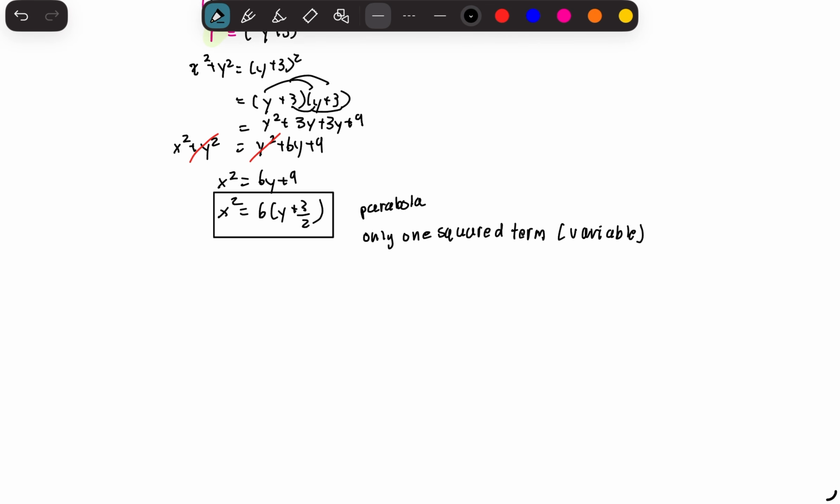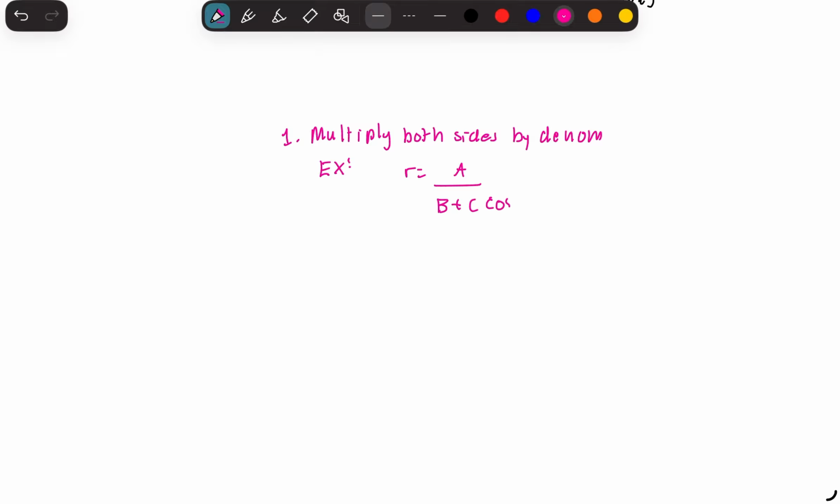So in general, the pattern that we've been seeing so far is that what you want to do first is multiply both sides by your denominator. For example, you have r is equal to a over b plus c cosine of theta. This would become r times (b plus c cosine of theta) is equal to a.